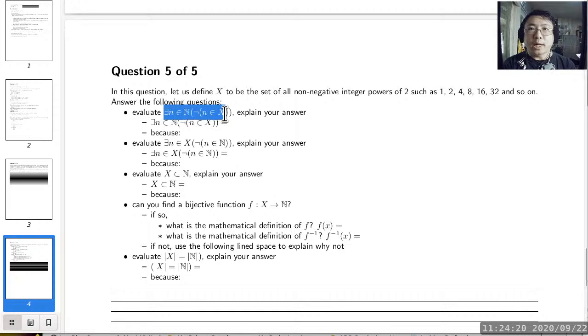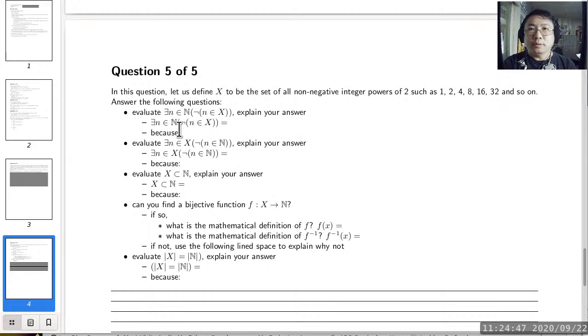When I say evaluate and give you an expression, it gives you a particular value, so you have to tell me whether it is true or not in this case. And there's always a because down here, so that you tell me why you think that is the case, what makes this particular answer either true or false.